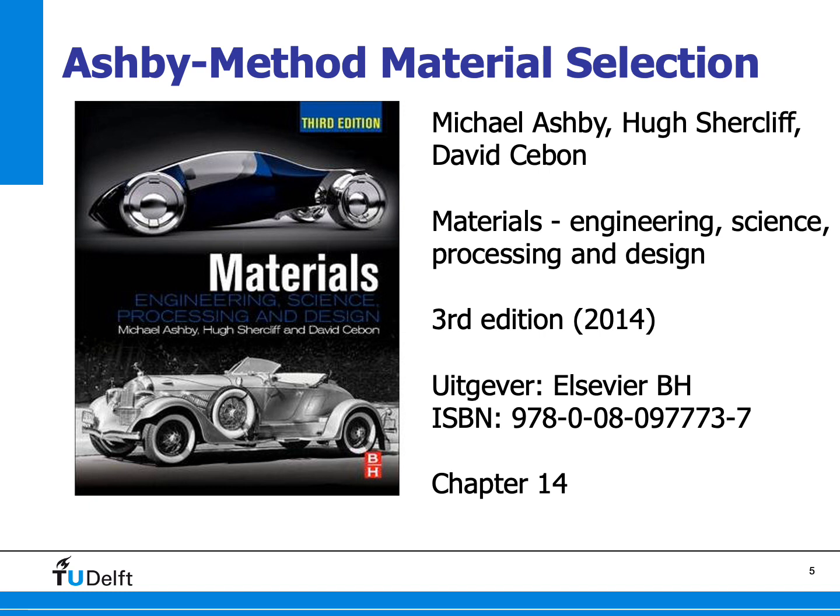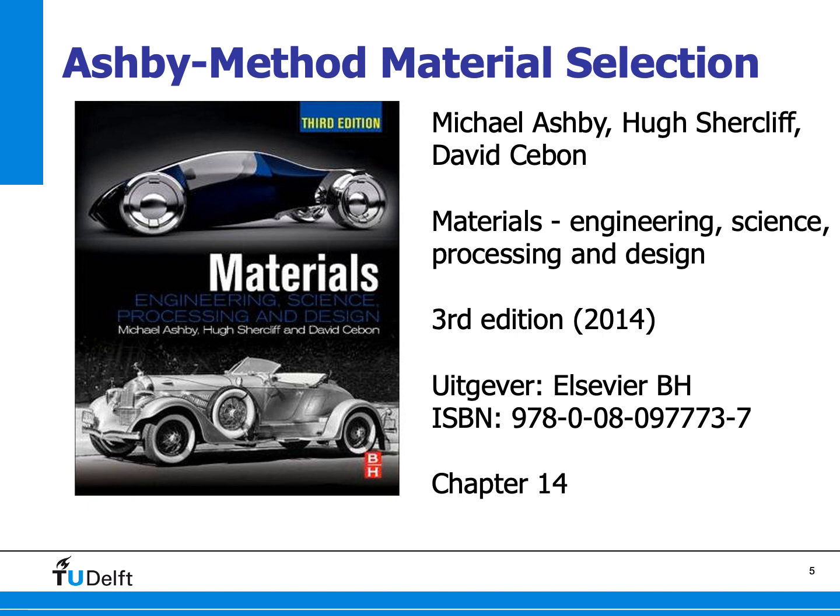This method is based on the method developed by Professor Ashby, and this presentation is based very much on the book that he has written with his colleagues, Materials: Engineering, Science, Processing and Design.